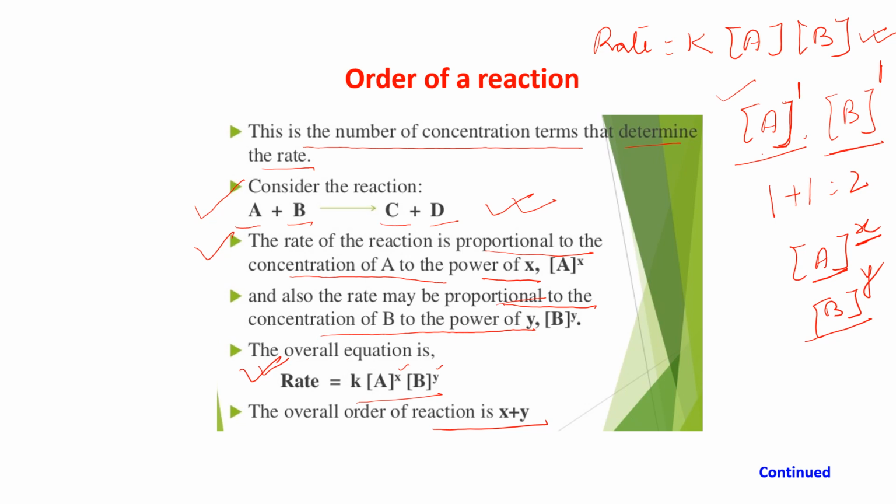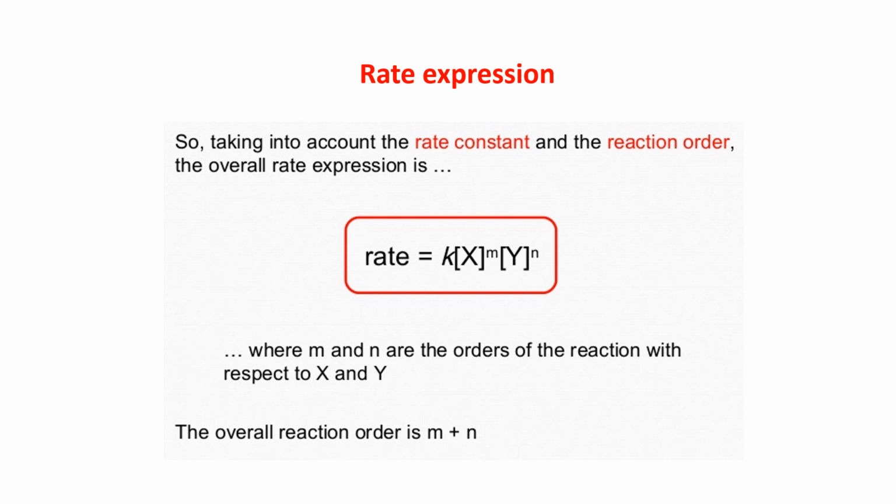This will be more clear to you in the next video, when we will do an elaborate study of the order of a reaction. Now, how can we write the rate expression?